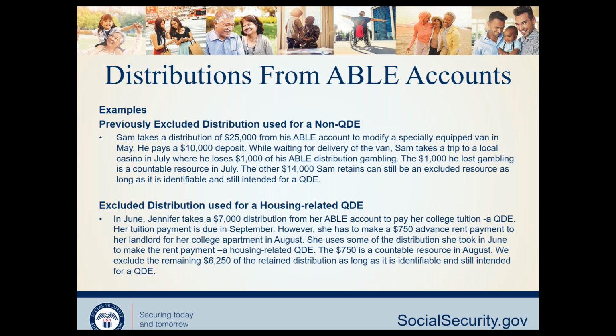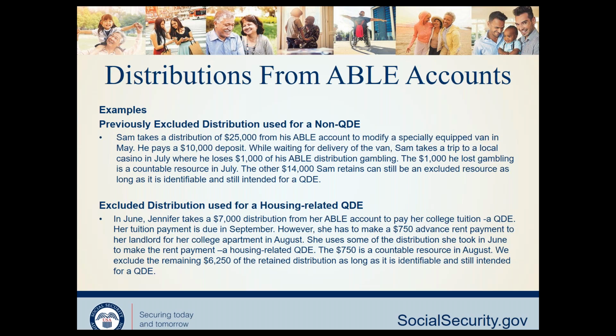And the last one here on this page that was good was the one about Jennifer. This is if somebody takes money out of their ABLE account. They have a specific purpose they want to use it for, which is a qualified disability expense. However, leading up to that date, they decided to change their mind or use it for a housing-related expense like an advance payment.